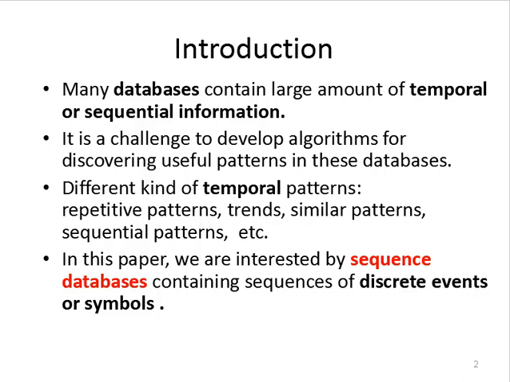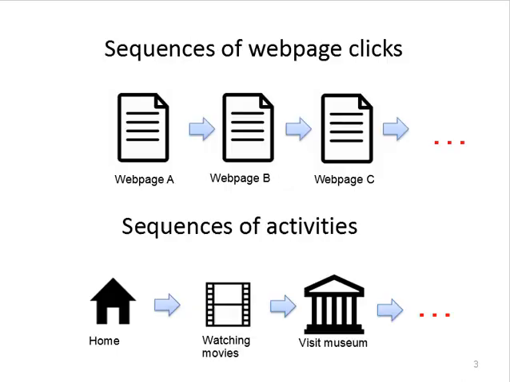So let me show you some examples of sequences. Okay, first, a sequence of events or symbols can be, for example, a sequence of web page clicks. That means if you go on a website, you click on different web pages, and all the web pages that you visit form a sequence of web pages.